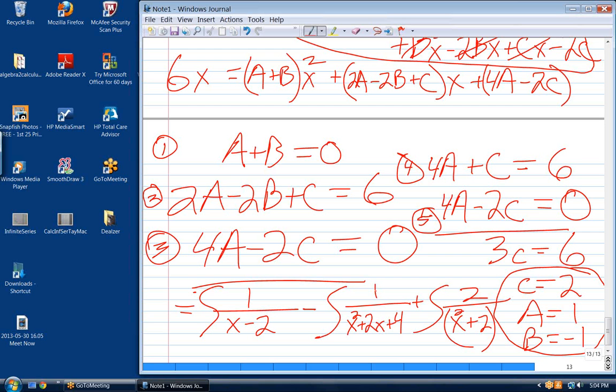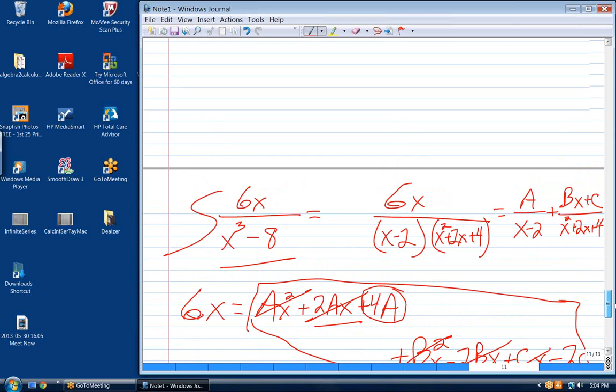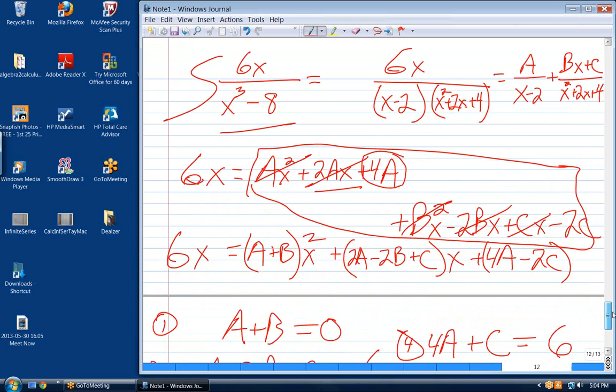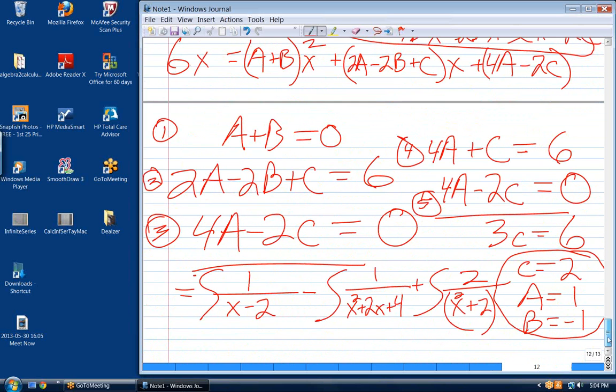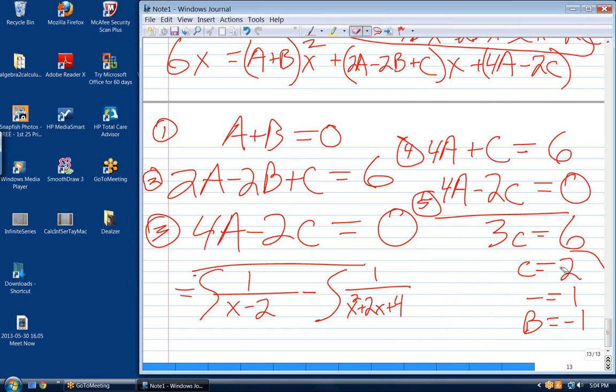And that was bx plus c, was it not? Here, let me go back. These partial fractions, one sheet of paper is never enough. So it was bx plus c over that. Again, I'm going to split it up. Notice my bx plus c, b was minus 1, so it's minus x plus c, which was 2.